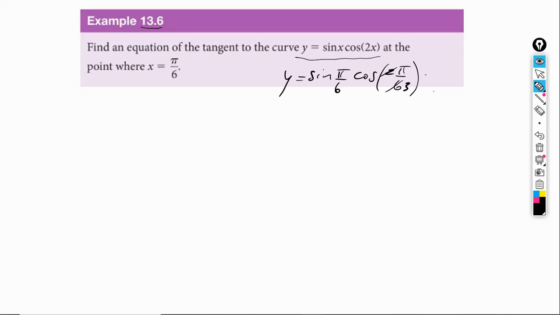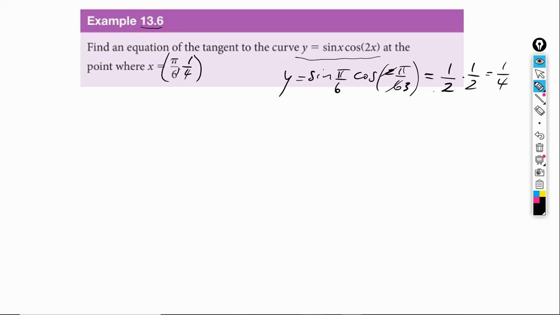So sine of pi over 6, that's sine of 30, that's 1/2, times cosine of 60, that's also 1/2. So this is 1/4. Therefore, the coordinate of the point of tangency that they want us to use is going to be (pi over 6, 1/4). So I need to keep this up here.